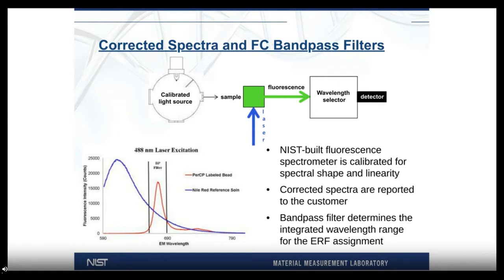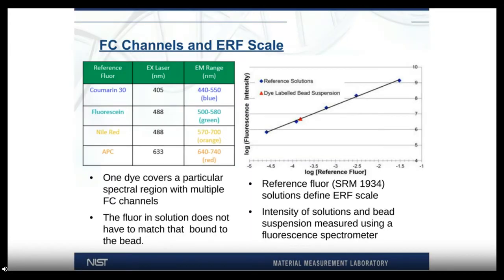So we measure the two spectra, and we then integrate the spectra over the bandpass filter spectral region that would be used on your particular flow cytometer. And that gives us two intensities that are equivalent to the intensity that you would measure on a flow cytometer. So we compare those two values.